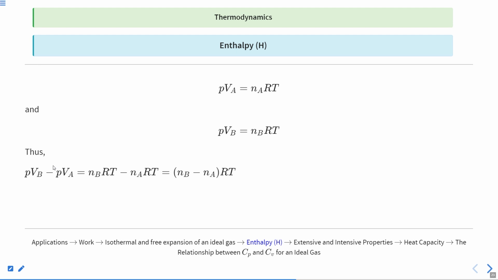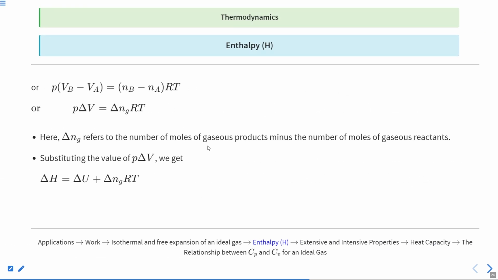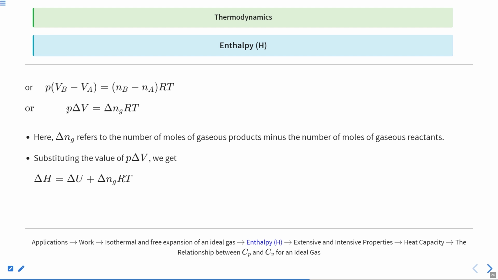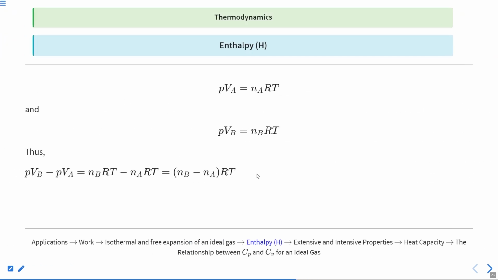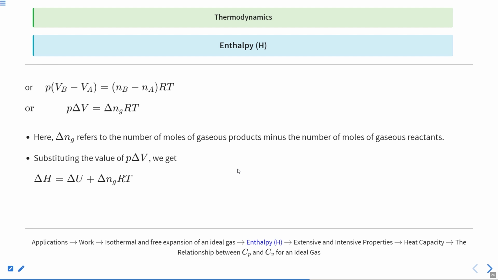Therefore, we can write PVB minus PVA, so we are calculating P delta V. We have just substituted PVB, which equals NbRT, and PVA, which equals NaRT. This will melt down to this form. Now we can write P delta V is equal to delta NgRT.